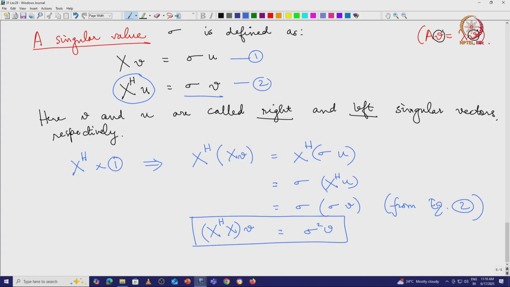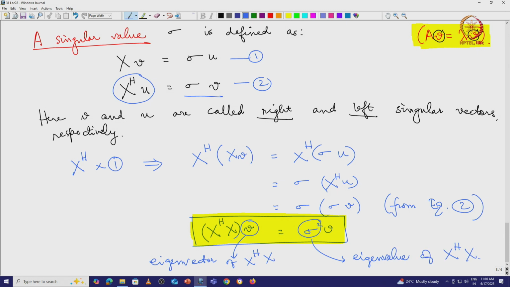Okay. Now, this is very interesting. Why is it very interesting? Because you can compare this equation to the equation used to define an eigenvalue, and immediately you see that V is the eigenvector of X Hermitian times X, and sigma squared is the eigenvalue of X Hermitian X. So, it is fascinating.